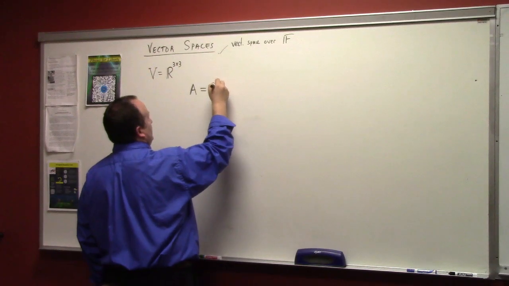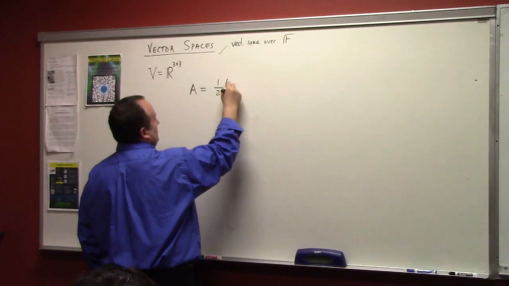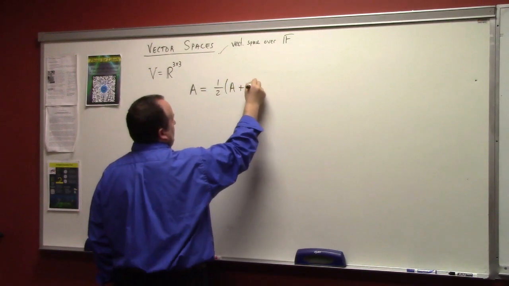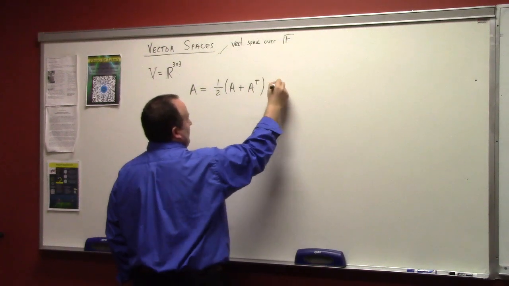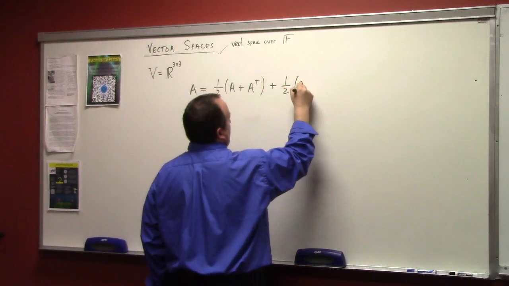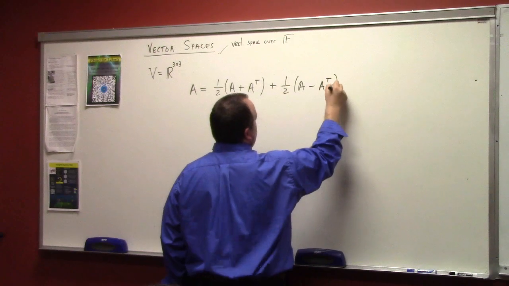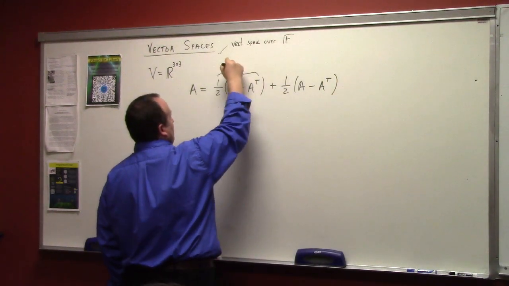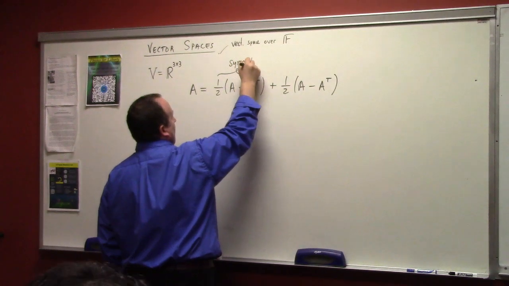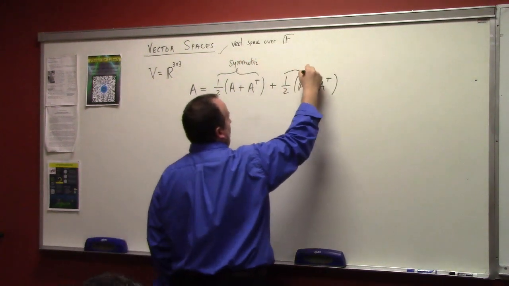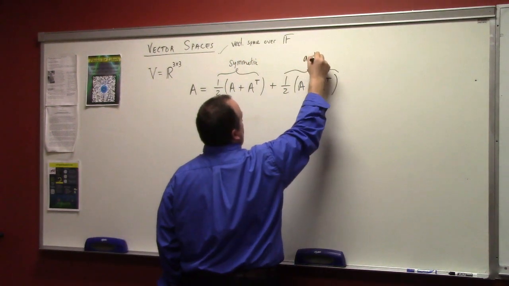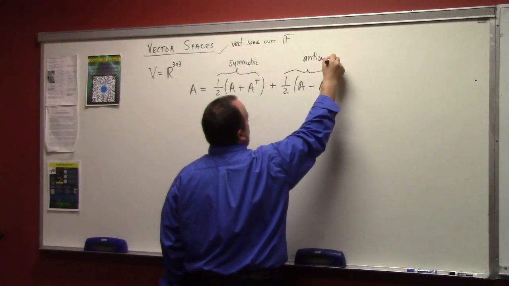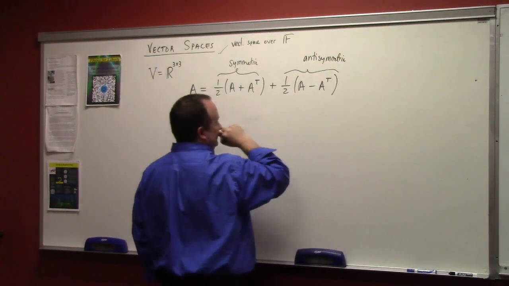This A is actually the sum of 1/2 of (A plus A transpose) plus 1/2 of (A minus A transpose). You can prove the first is symmetric and the second is anti-symmetric. All right?